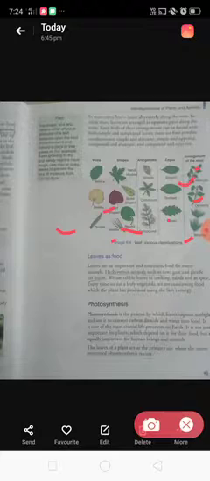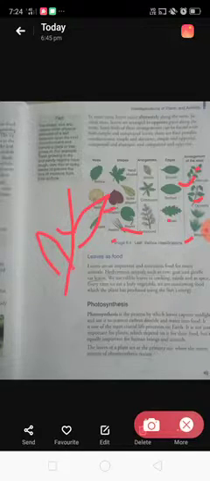What is alternate arrangement? If one leaf is like this, the other leaf will be on the other side, but a little bit downwards. Okay, these are called the alternate arrangement of the leaves. Clear now?